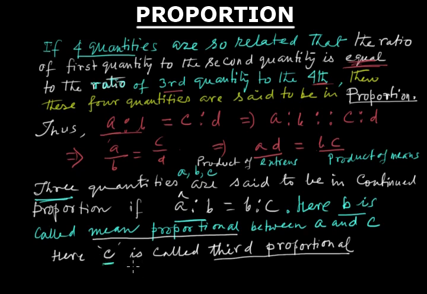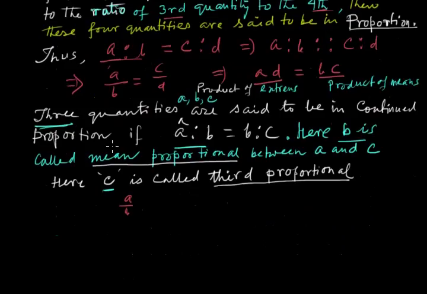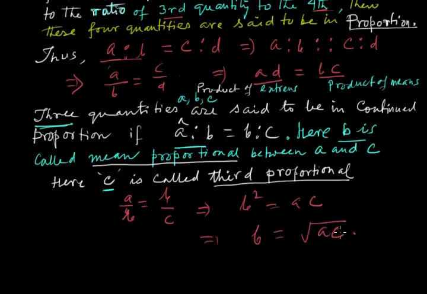So in this case, A by B is equal to B by C. If you do the cross multiplication, B square is equal to AC, or B is equal to root over AC.